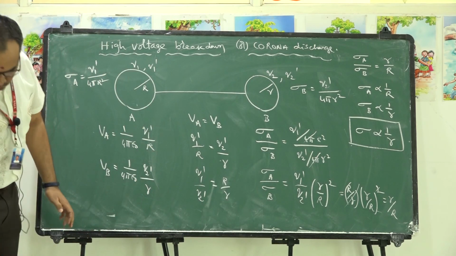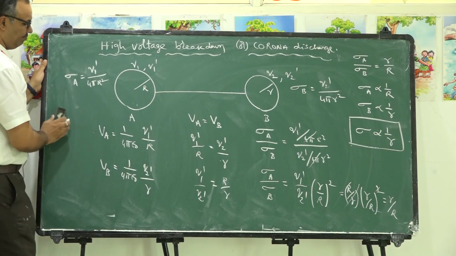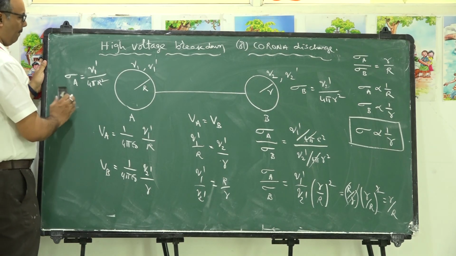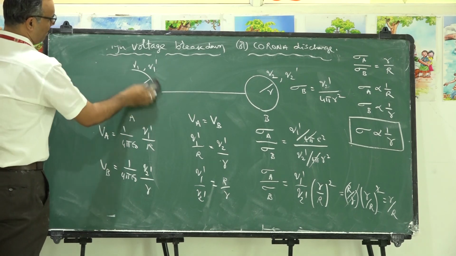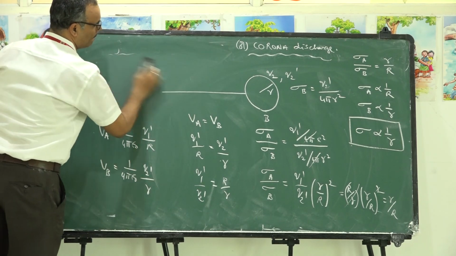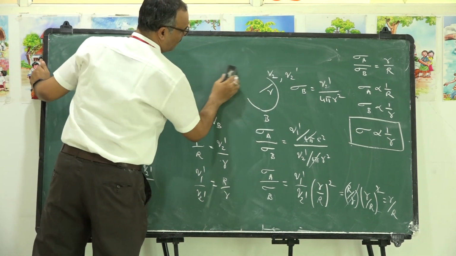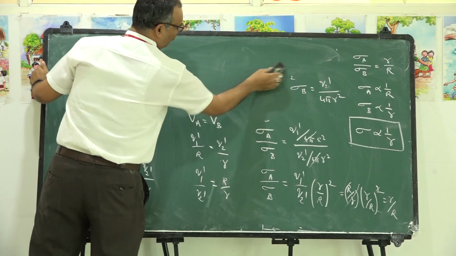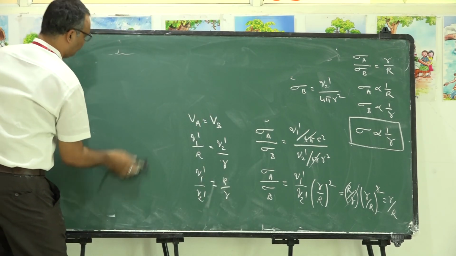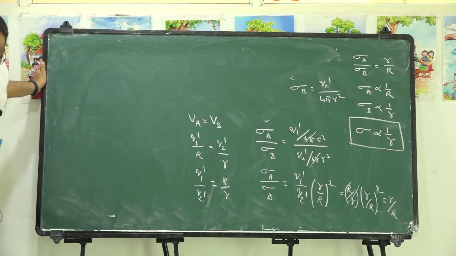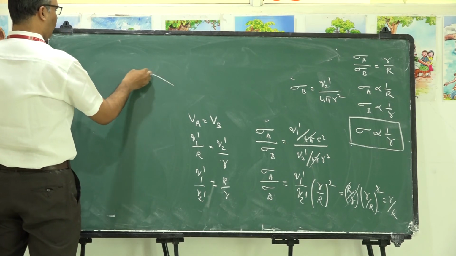To understand it more clearly, I will take a conductor like this. This is a conductor with irregular shape.